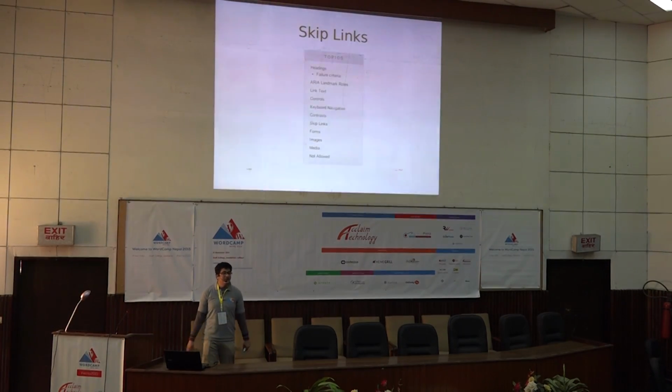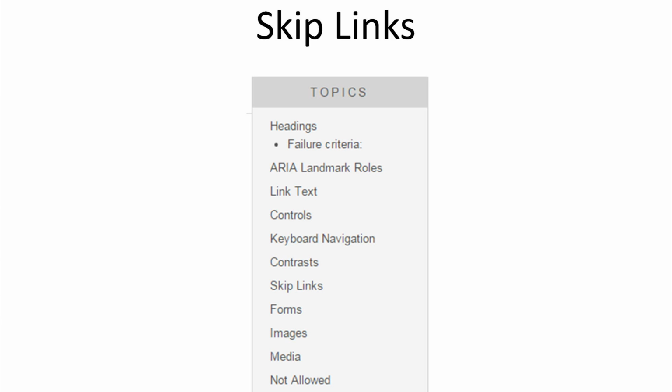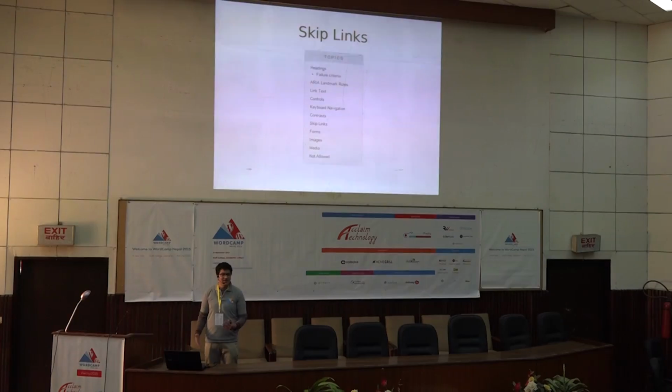Skip links are internal links that are in the content. If your content is large, like my presentation was large and it contained many things like headings, area landmarks, link text, skip links help to skip to that content portion using the tab index and IDs, and it will help in navigating with screen readers and all, and it will be easier for anyone using your system to jump from one place to another, or jump where we are about to go, because we are not going to read all the content of that website.